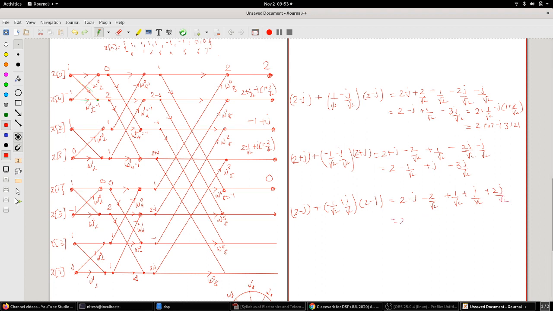So this comes to like 2 minus j minus 1 upon root 2 plus 3j upon root 2. So this comes to like 2 minus 1 upon root 2 plus j, which is minus 1 plus 3 upon root 2.